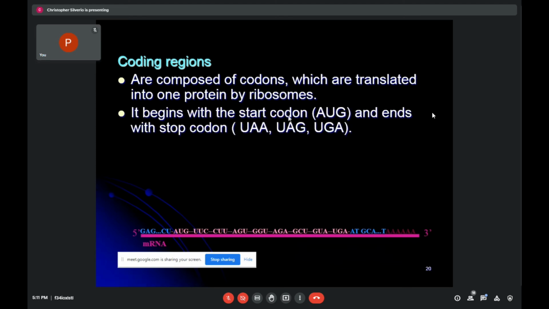It begins with the start codon, which is AUG, and ends with the stop codon. The stop codons are UAA, UAG, or UGA. So translation will stop when it reaches the stop codon, UGA.